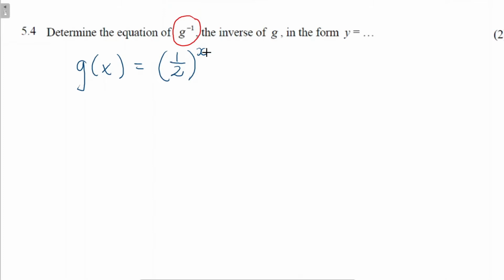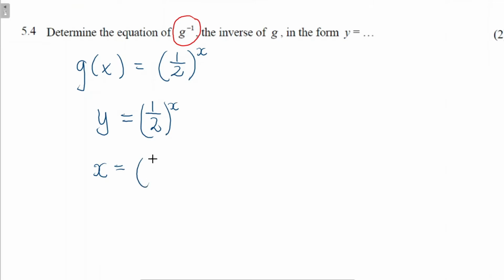It is just simply swapping the coordinates of your x and your y values, right? But what do I mean by this? We do agree that g of x is the same as saying y is equal to 1 over 2 all raised to the power x. I just said, where you've got a y, you put an x, and where you've got an x, you put a y. So here we see we have a y there, so we're just going to put an x, right? And then where we've got an x there, we're just going to put a y.